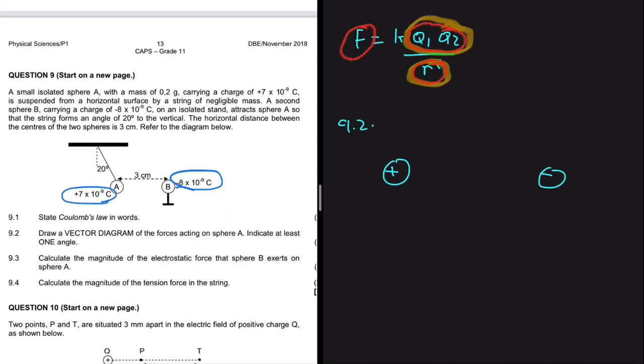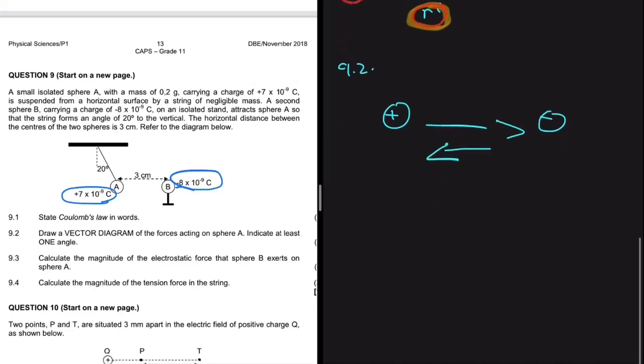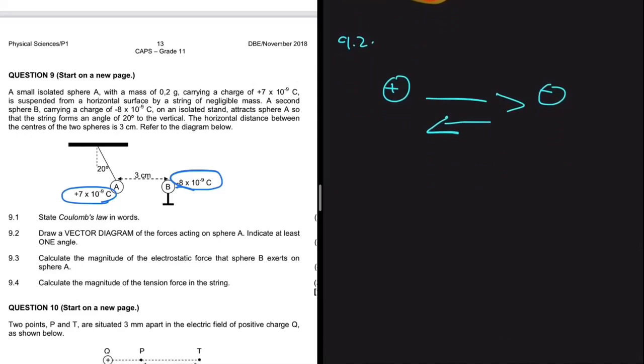So sphere B will be pulling sphere A to the left, and sphere A will be pulling sphere B to the right. So if we draw a vector diagram of the forces acting on sphere A, we should have a vector that shows the electrostatic force that sphere B exerts on sphere A. Apart from that, there's a gravitational force acting on sphere A, so we should have another vector pointing downwards, which we can name weight or FG.